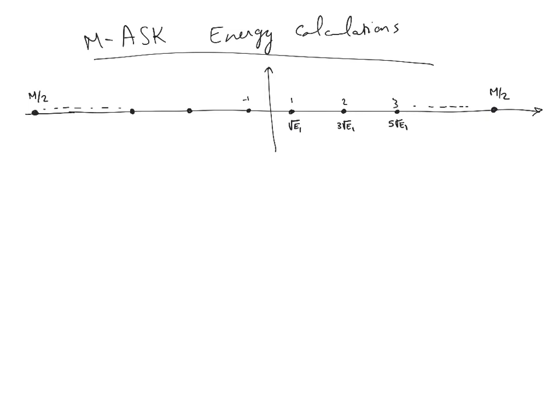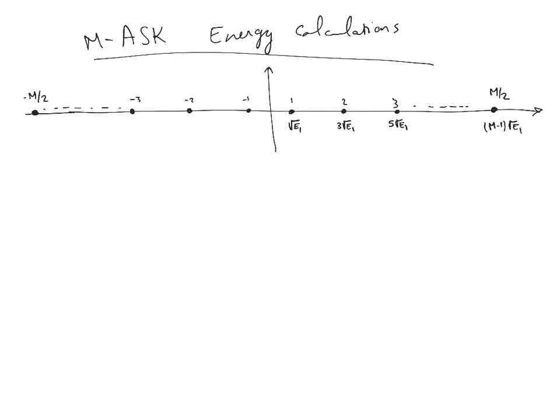And this is point -1, -2, -3, up to minus M divided by 2. That's just numbering of the points, right? So this one has root E1, this is 3, this is 5. This should be M minus 1, right? Multiplied by root E1. And again, it's just symmetric from the other side.